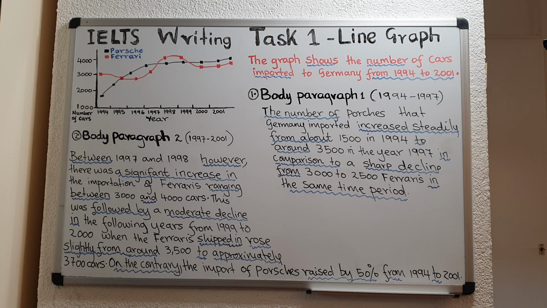Now, in that body paragraph, I have talked about Porsches and I have also talked about Ferraris. I have talked about them in regards to the years 1994 and 1995.